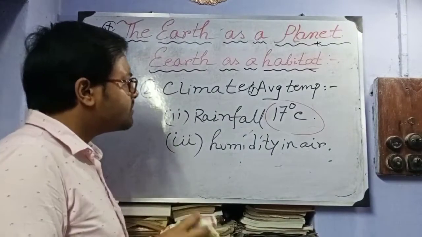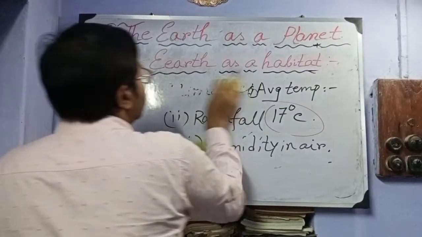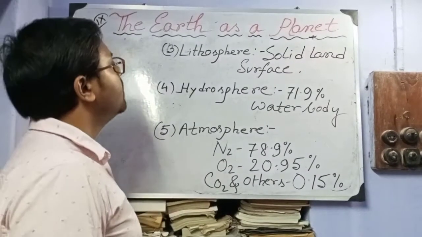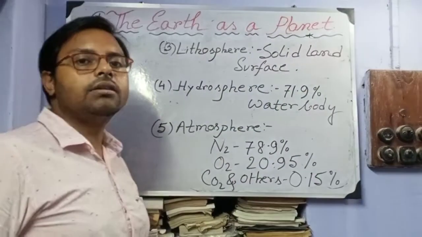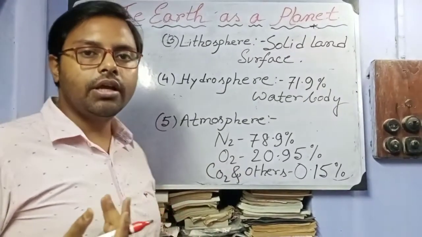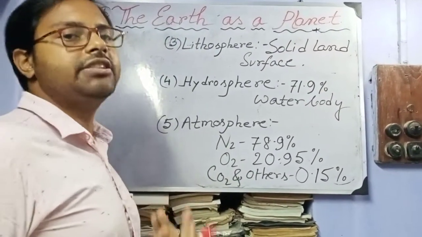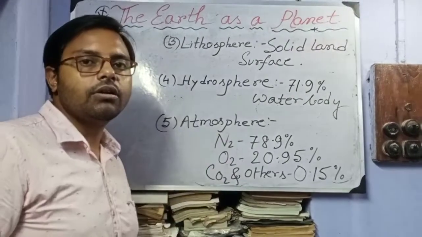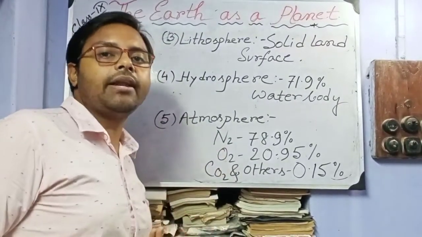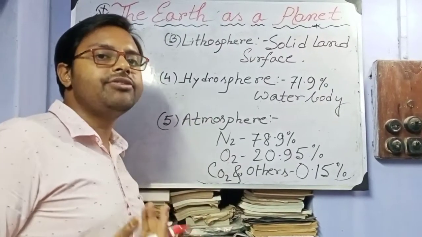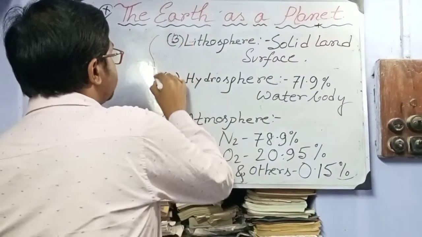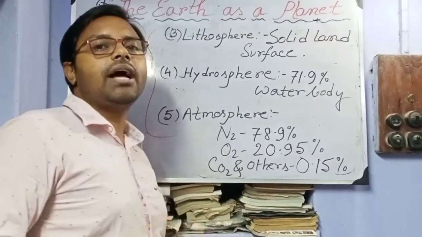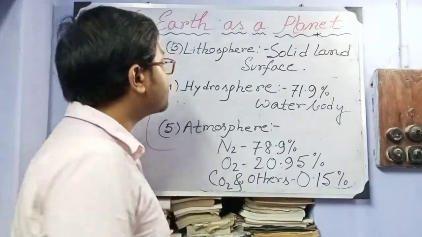With that, the next 3 points also prove why the earth is an eligible place for living organisms, or why the earth is a habitat. The last 3 points are lithosphere, hydrosphere and atmosphere. Only the earth is the planet in the solar system which has these 3 types of sphere, which have made the earth eligible as a habitat.